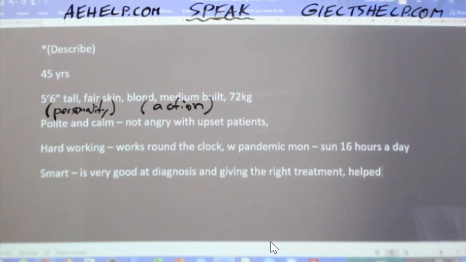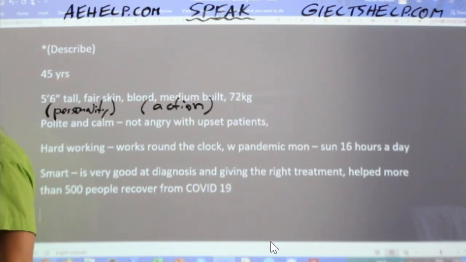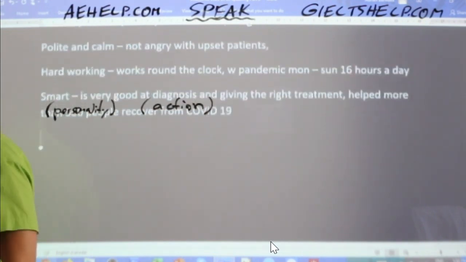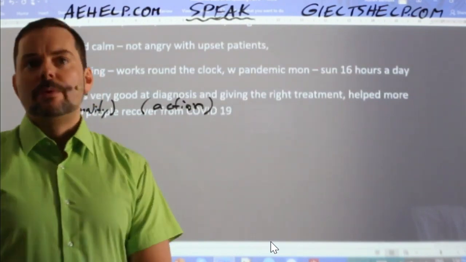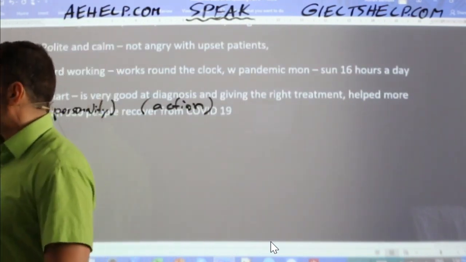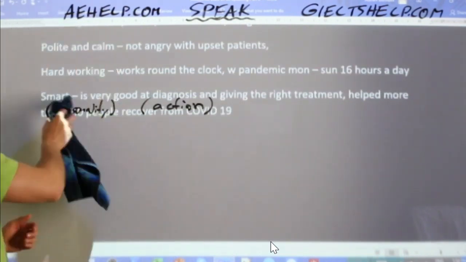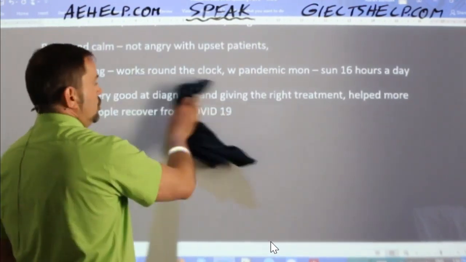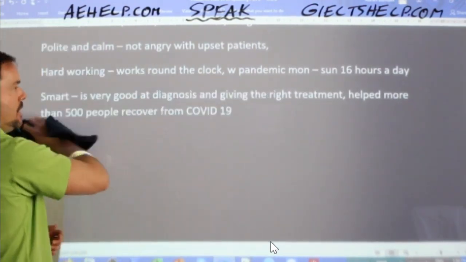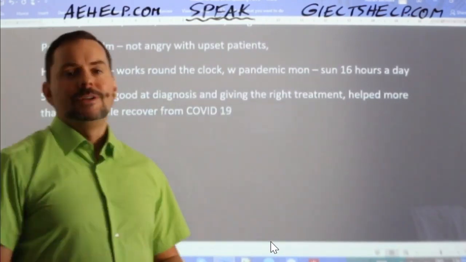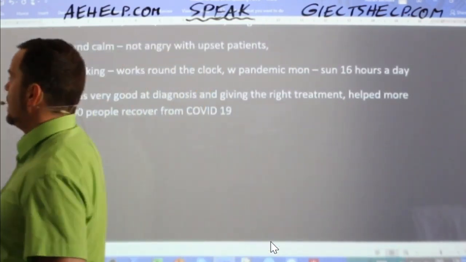Helped more than 500 people recover from COVID-19, for example, okay? So let's pay some tribute to all of these hardworking medical professionals around the world right now who are really indeed very brave and courageous people helping those who are sick. I can't even imagine how difficult it is right now in some hospitals around the world.